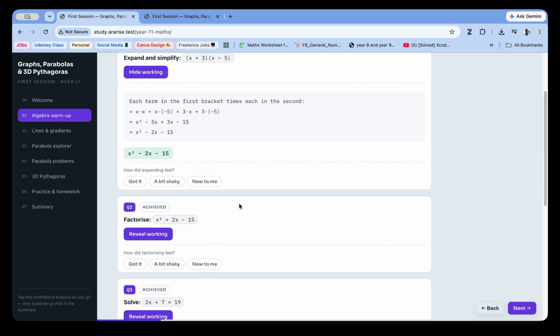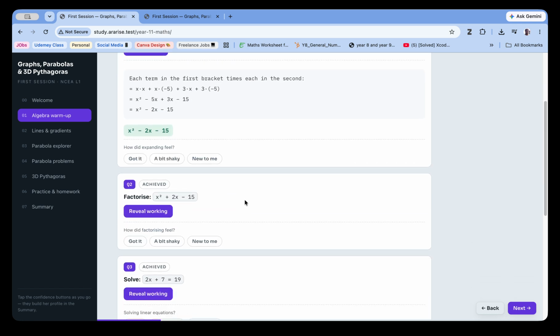This is factorizing. Factorize x squared plus 2x minus 15. We're hunting for two numbers that multiply to give negative 15 and add to give positive 2. Pause for a second and see if you can spot them.